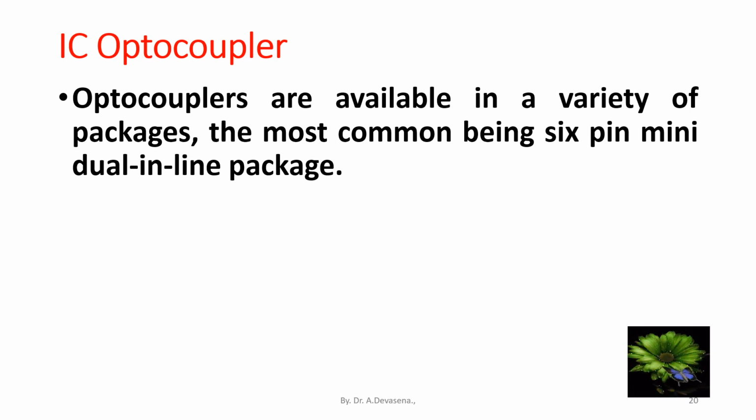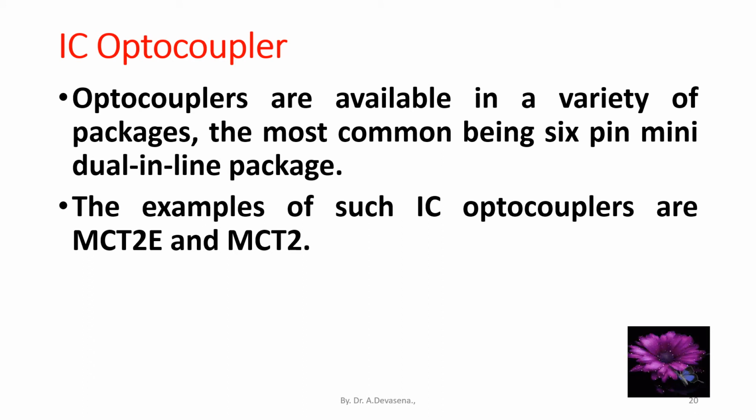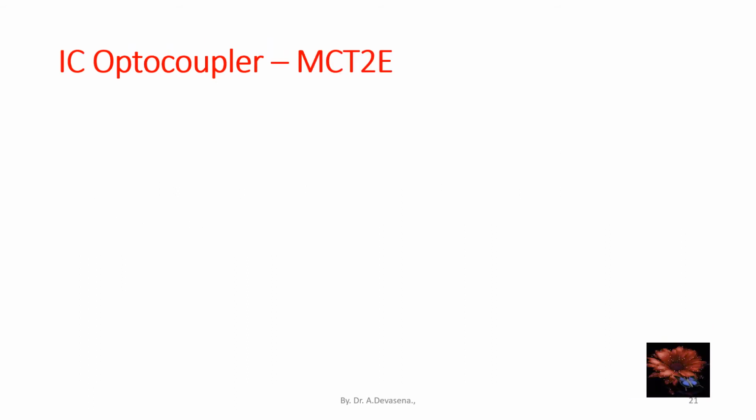Optocouplers are available in a variety of packages, the most common being the 6-pin mini dual inline package. Examples of such IC optocouplers are MCT2E and MCT2. IC optocoupler MCT2E.